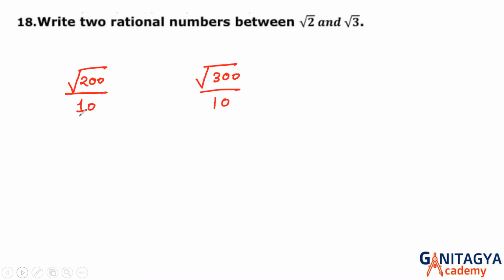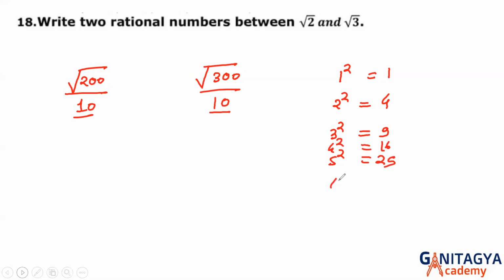For some time leave the 10, only concentrate on under root 200 and under root 300. Write it here. 1 square is 1, 2 square 4, 3 square 9, 4 square 16, 5 square 25, 6 square 36, 7 square 49, 8 square 64, 9 square 81, 10 square 100.